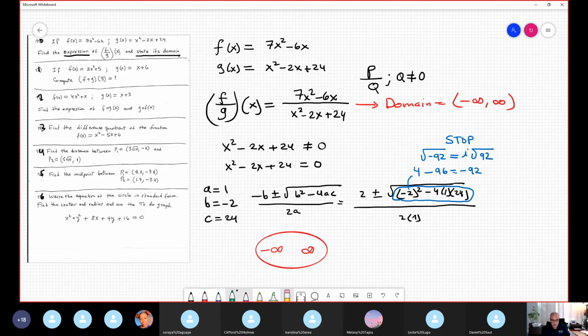I tried to investigate one guy inside to make my function undefined, but when I solve this quadratic, I get that this guy is totally outside this field. Therefore, no restriction in the real field. Therefore, the domain is all real numbers. Clear? This is the alien, living on another planet, maybe Jupiter, but not Earth. Make sense or no?